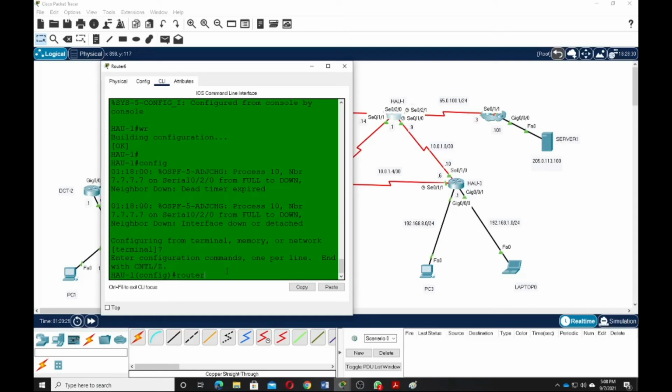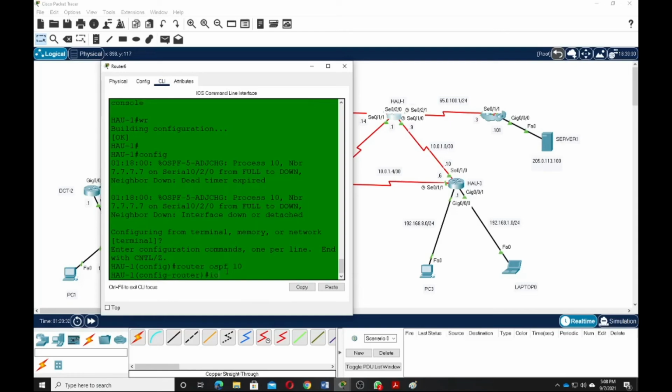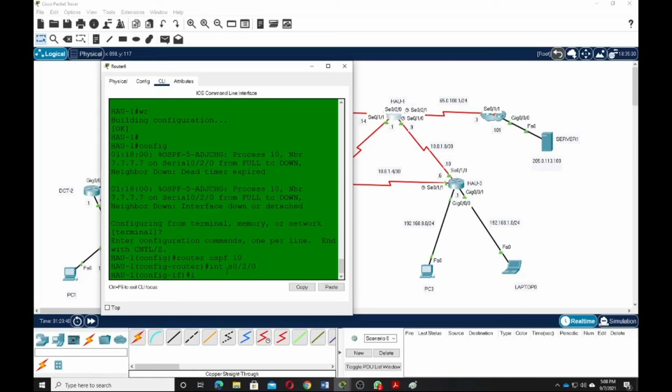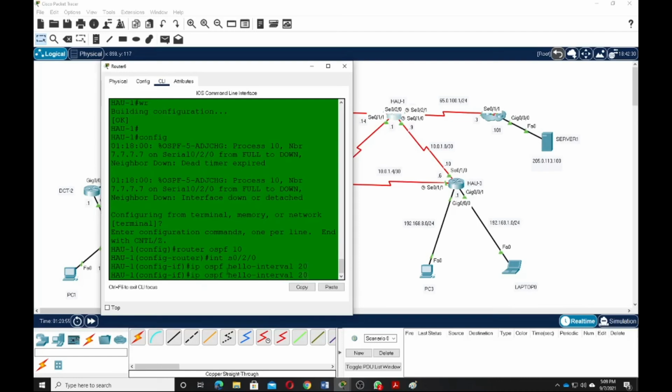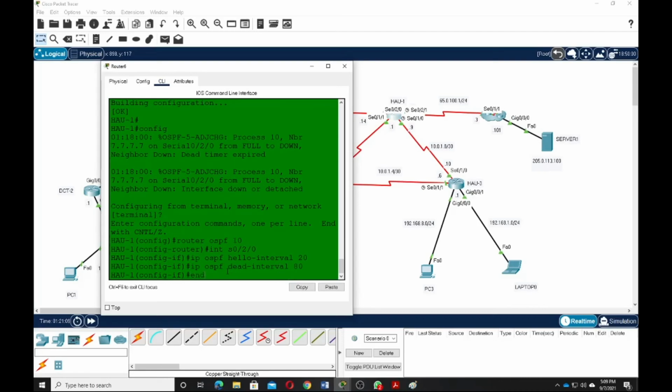Router OSPF 10, interface serial 0/2/0, IP OSPF hello-interval 20, and then we need to change this one to the dead timer.